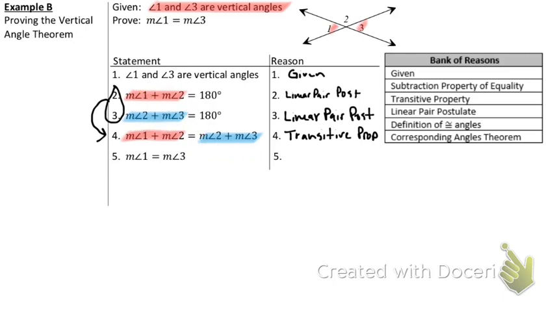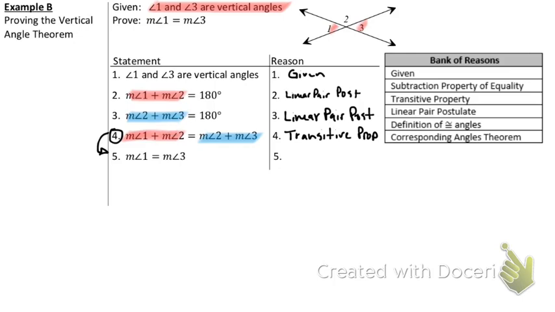So last but not least, how can I now use step 4 to get to step 5? So if you look at this equation here in step 4, what happens if I subtract angle 2 from both sides?